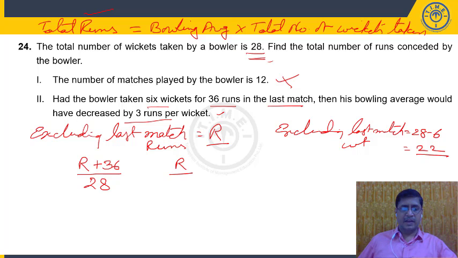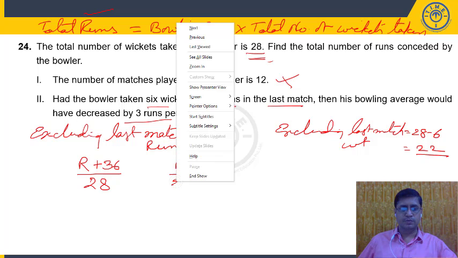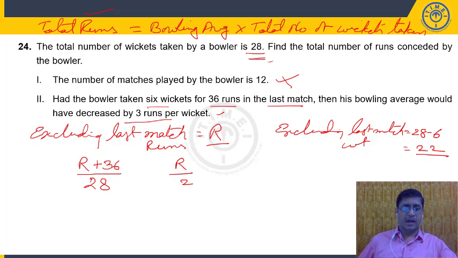So the number of runs here is R, and the wickets is 22. And this value is decreased by 3 runs per wicket. Means this is the relation. Okay.